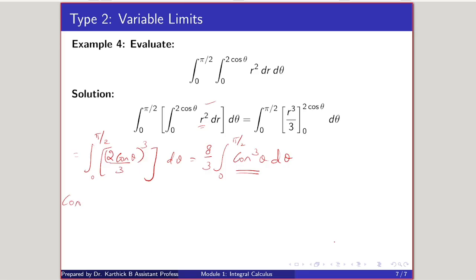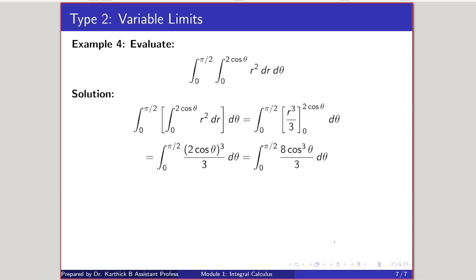We already studied cos cube theta. It will be 3 cos theta plus cos 3 theta divided by 4. So we may use this formula for simplification purposes. So just see, we get 8 by 3 cos cube theta d theta.